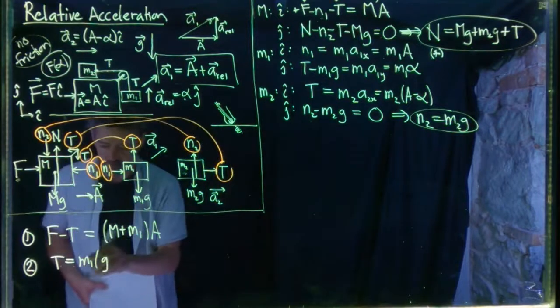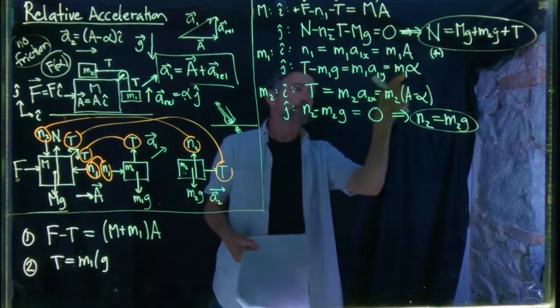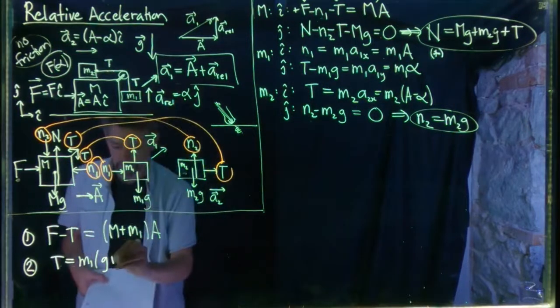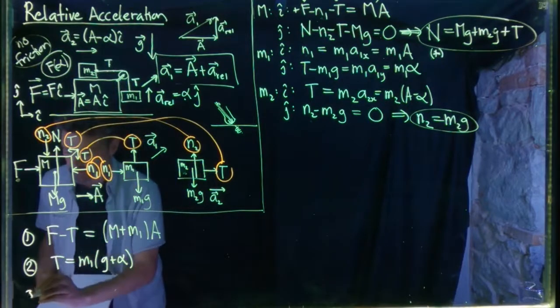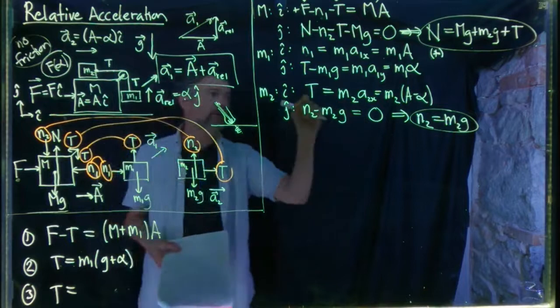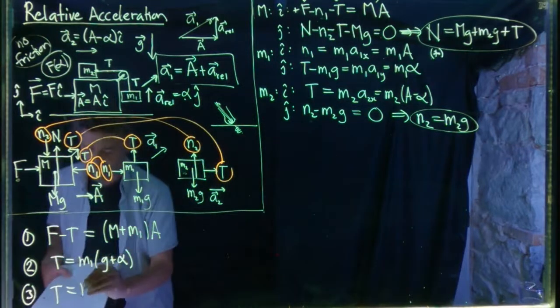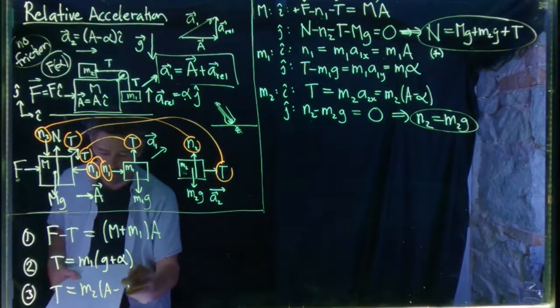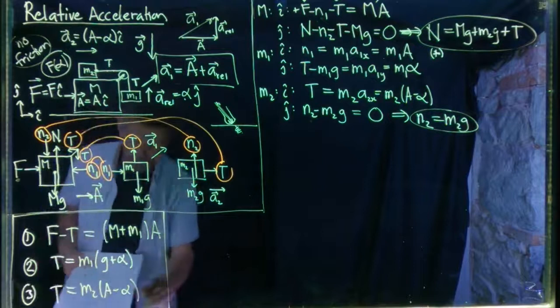So we have positive M1 times G. And then we also have a positive M1 times alpha. Okay, so it's M1 times G plus alpha. And then we have a third equation, which is also an equation for T, which is this last one. T is equal to M2 times A minus alpha. Okay, so these are the 3 key equations that we need to solve.